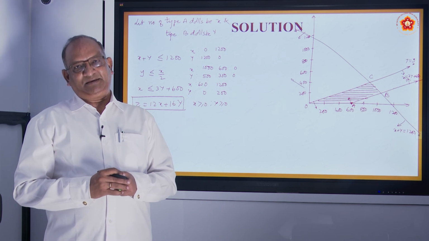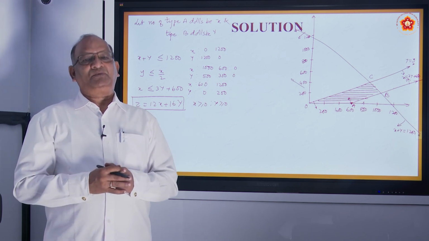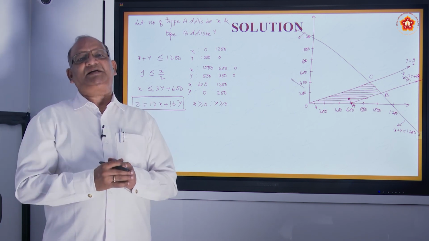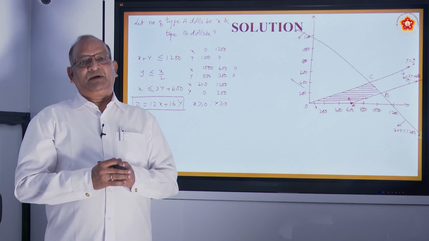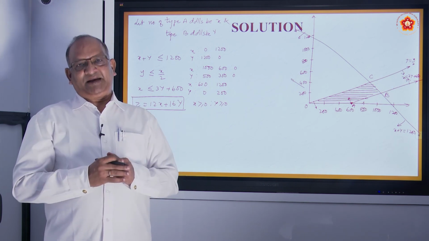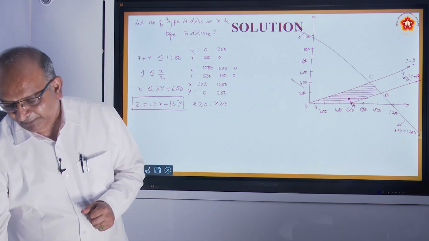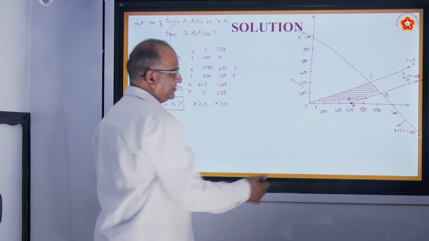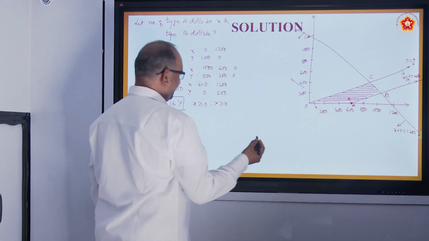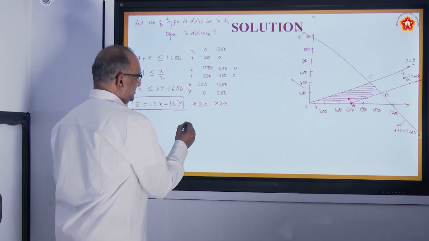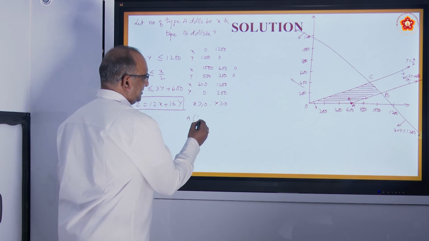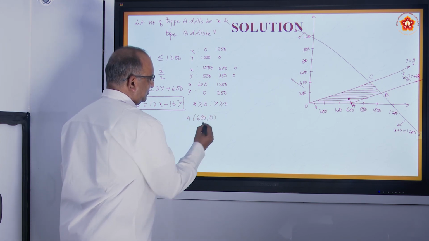So once again, if you draw it on the graph, you will note the exact locations of these points. Since we have drawn a rough diagram, we will write down the points so that there will not be any mistake. The points are, first one is not at all difficult. A is very simple. A is 600, 0.